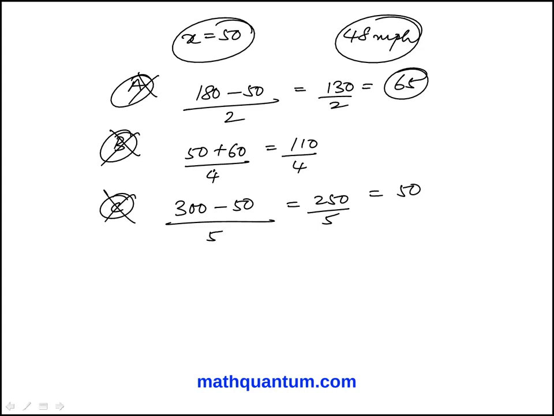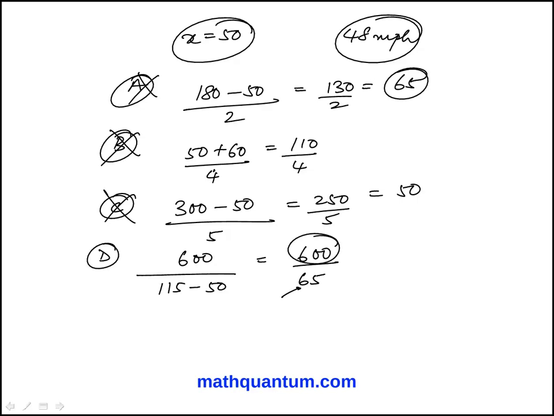So that one doesn't work either. D. So yeah, this is a little bit painful, as you can see. 600 over 65. Here I know this is 13 times 5, so it's not going to give me exactly 48, but you'll see that this number is about 10. So that's another way you could do it.